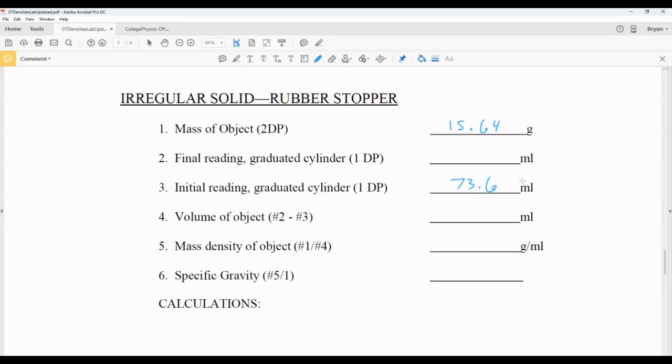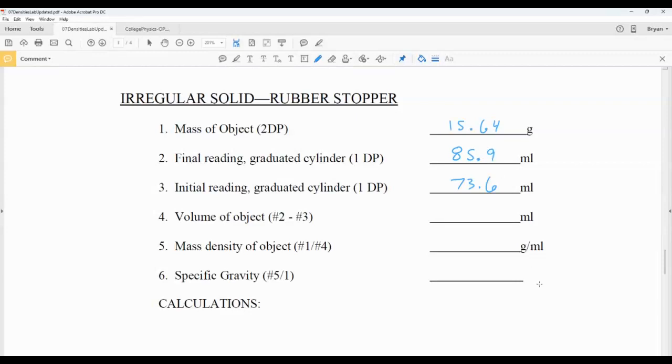But then we put the stopper in there, and it causes the water level to rise. And so the amount that the water level goes up is actually the size of the stopper itself. So the amount that it displaces water is the displacement or the size that it has, and we can use that to our advantage.